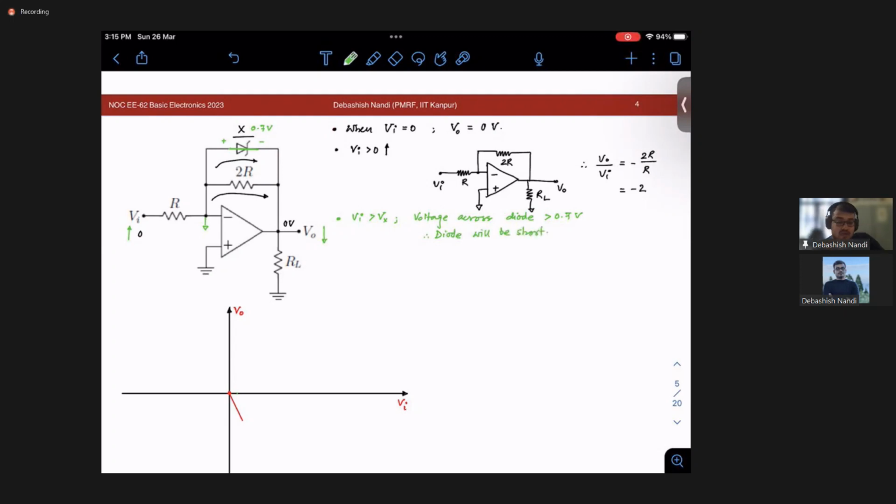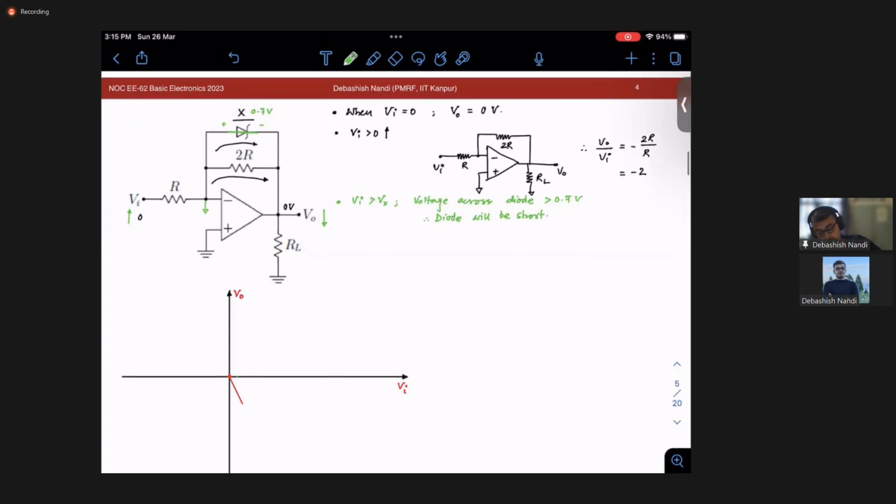As my diode will be short, or let's say it is replaced by a voltage source, what will happen? There will be a certain drop, but an infinite amount of current will flow, right? Let's say with a voltage source of 0.7 volt.